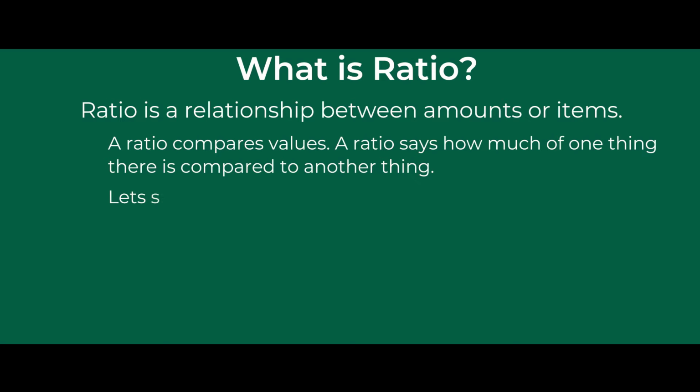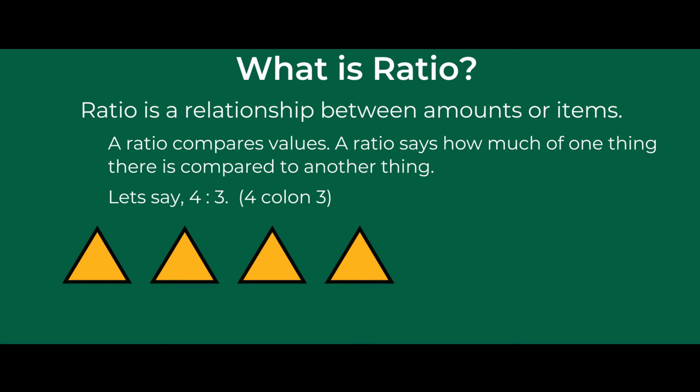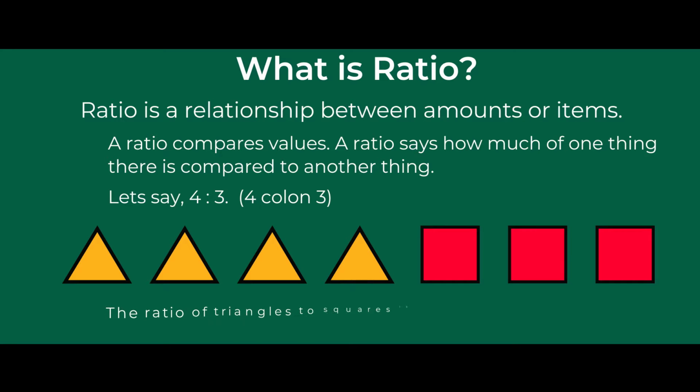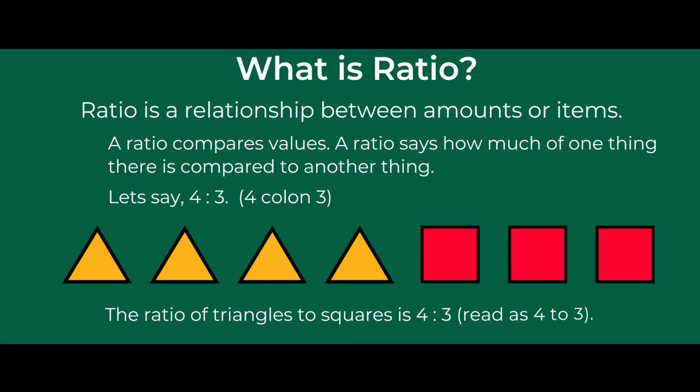Let's say 4:3. There are 4 triangles and 3 squares. We can write the relationship in the form of ratio. So here the ratio of triangles to squares is 4:3. We read it as 4 to 3.